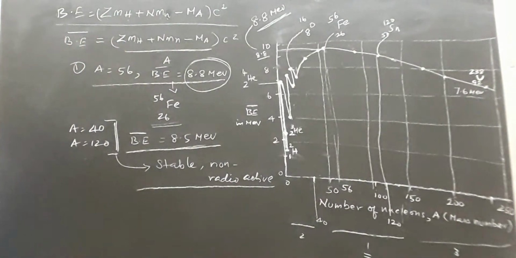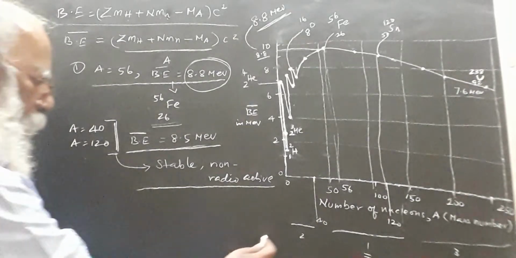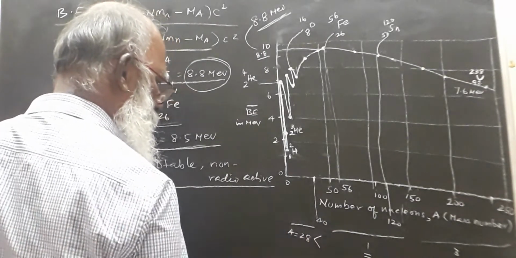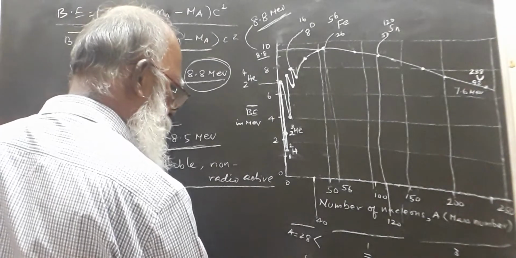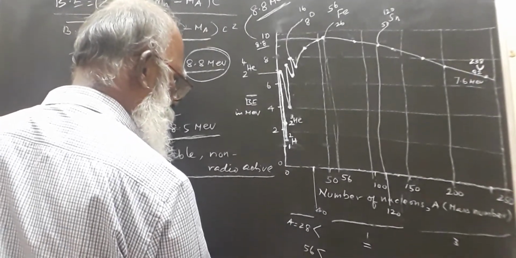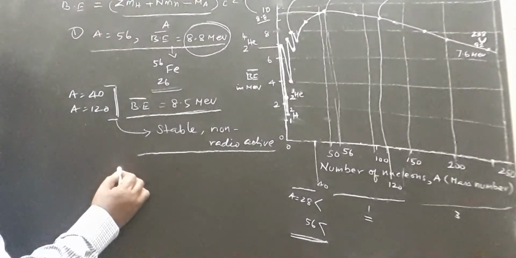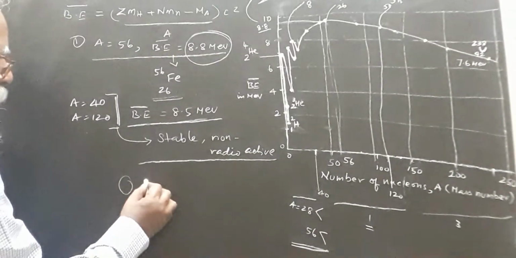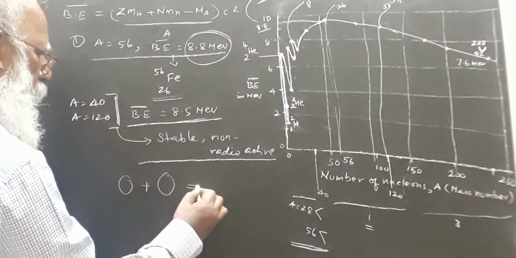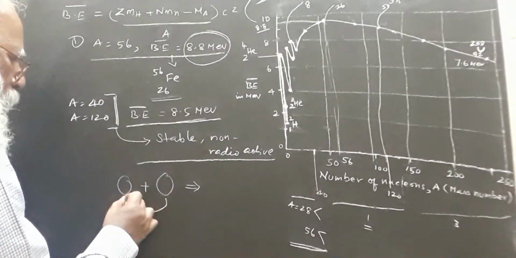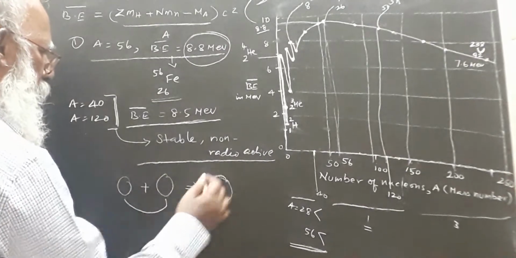Then the fourth one is very important. If you consider the lowest A, equal to 28 or less than 28, and less than 56, that is the small atomic mass number element. Let us consider the smallest atomic mass number element and another one. Both are fused together and form a new nucleus.